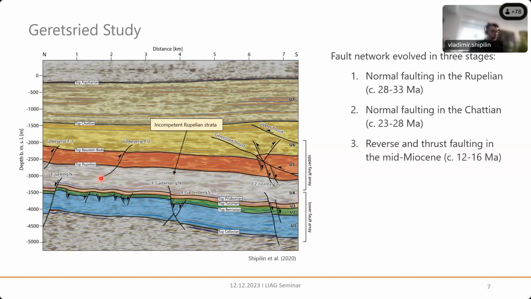Considering the orientation of the upper faults with respect to the lower faults, which is more or less collinear, we can assume that the lower faults served as kinematic attractors for the nucleation of the upper faults.